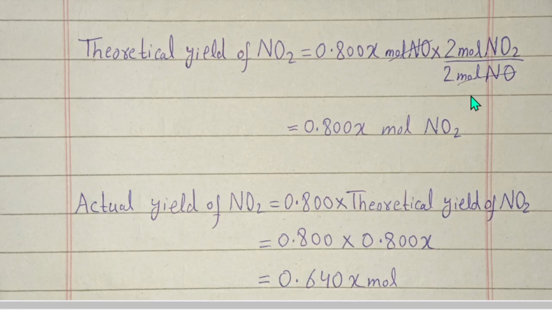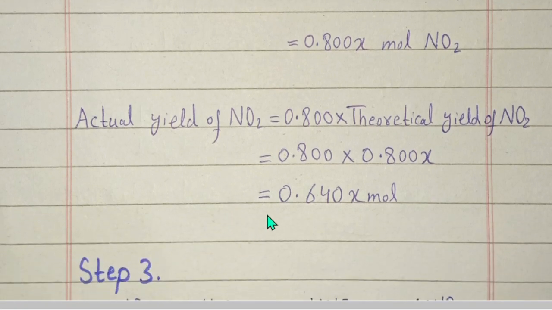And we know that constants and other exact numbers do not affect the number of significant figures in a calculation. Then we can convert its theoretical yield into its actual yield using this formula. There should be three significant figures as both numbers multiplying have three significant figures.